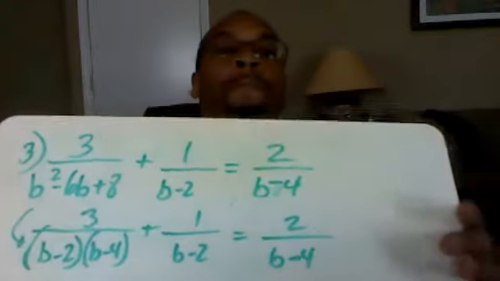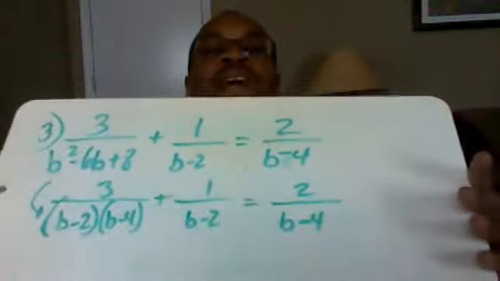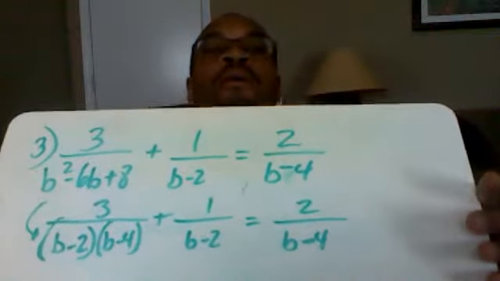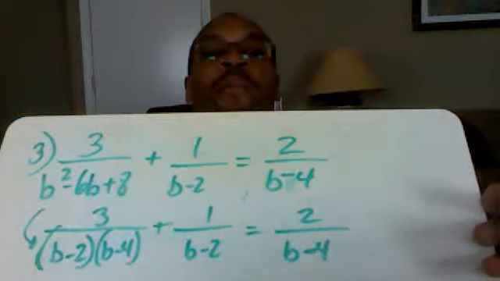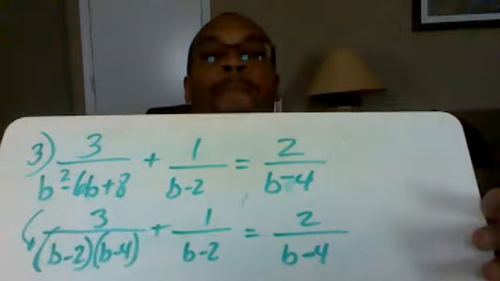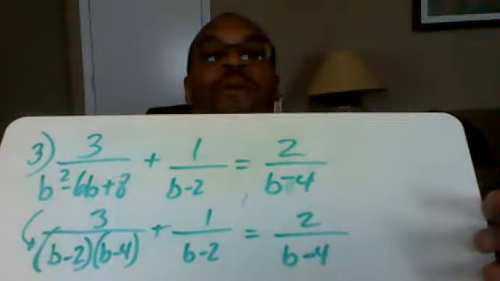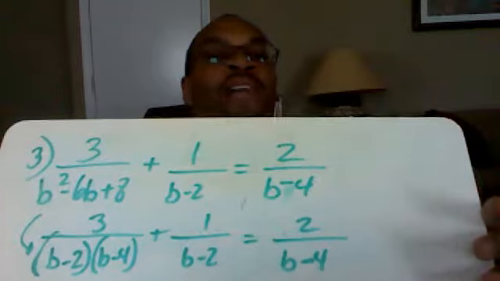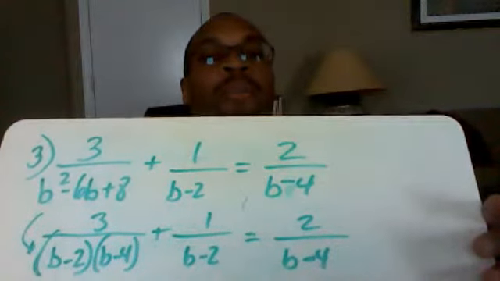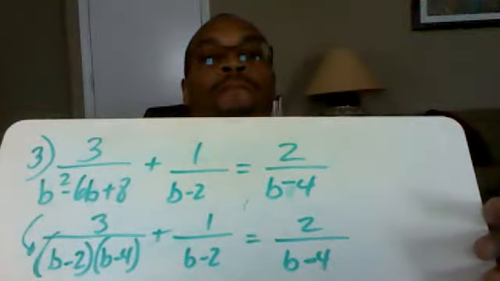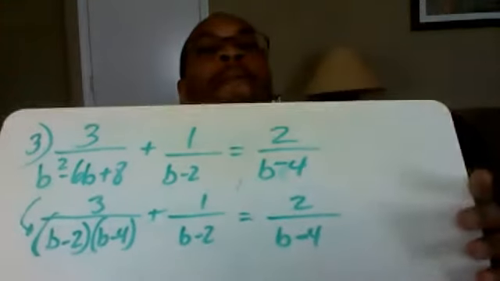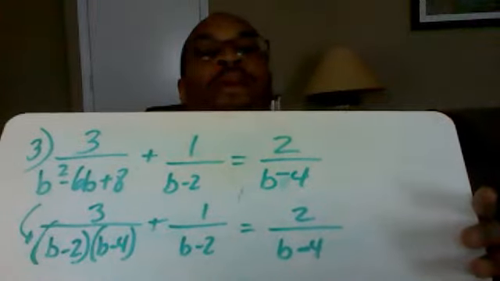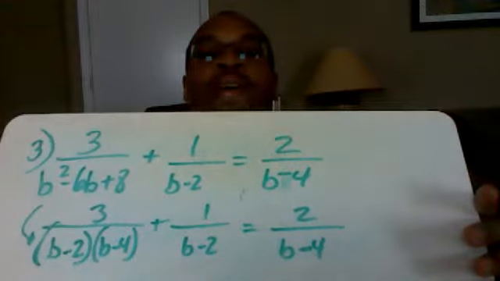Looking at my step, what I did is I factored the quadratic under the 3, b squared minus 6b plus 8. I factored that to be b minus 2, b minus 4. And I brought the other binomials down. They're already simplified.